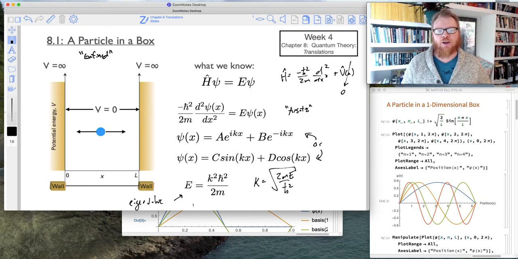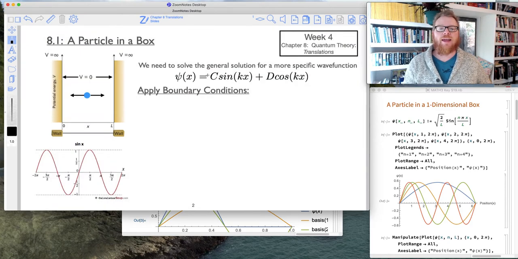So the eigenvalue in terms of energy can be written as such, or the eigenvalue in terms of wave number can also be written that way, okay? So these are all things that we've established. So now what we want to do is pick the sines and cosines functions to play with for now, okay?